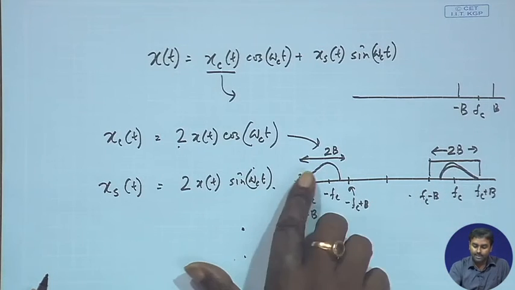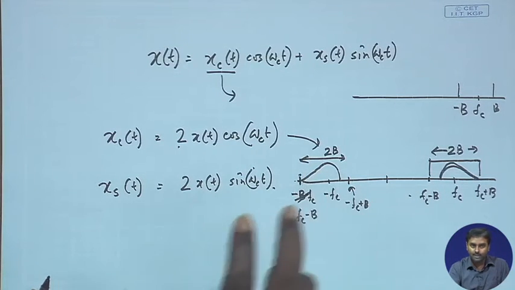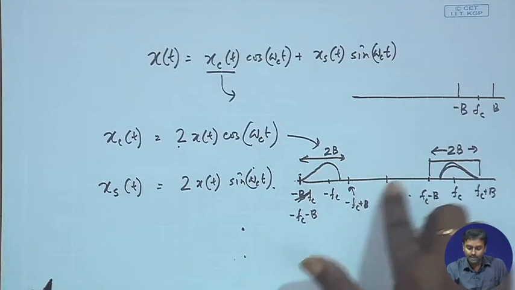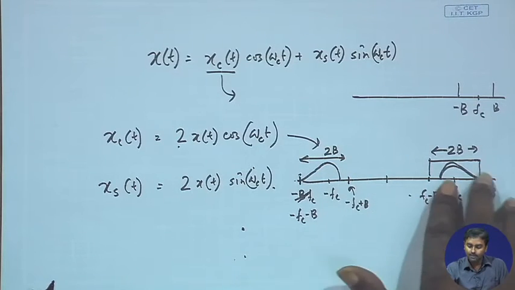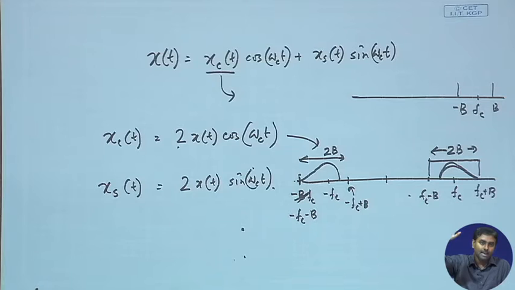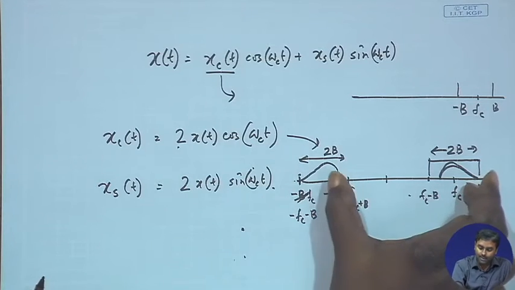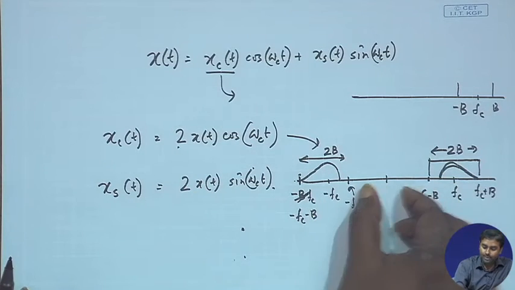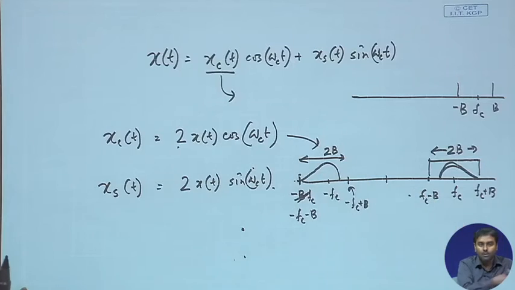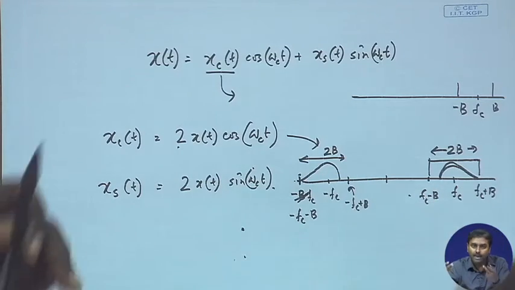Once I shift to plus, this will come over here, and this particular term will go to a very high frequency 2 f c, and when I shift to the other side, this will come over here and this term will go to minus 2 f c. Those things will be anyway cancelled because there is a low pass filter.